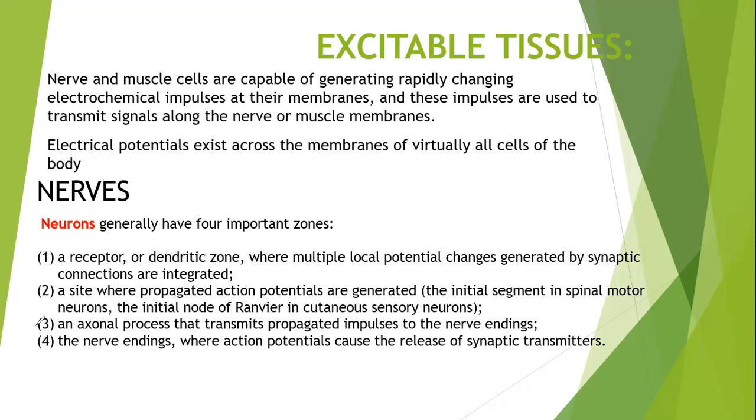These axonal processes will have either a myelin sheath or they will be naked. But either way, they'll have channels which can allow thresholds to be achieved and an action potential to be transmitted and to move along the neuronal membrane.